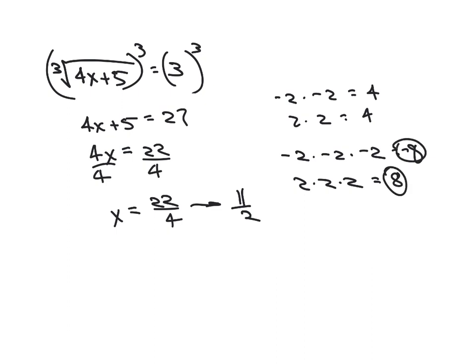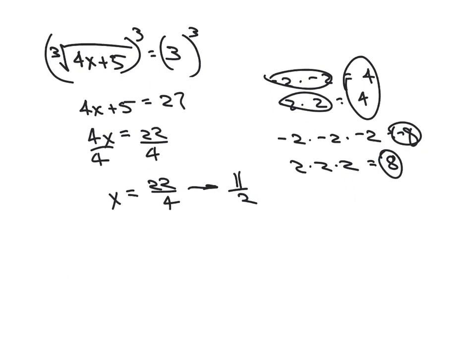So we get two different answers here, whereas over here, we get the same answer. So one of these may work and one of them may not work. But when we do odd powers, we end up with the correct answer, a negative 8 or a positive 8. So we don't have to test it because it always gives us that right answer. So anyway, just remember odd powers. When you raise something to an odd power, you know it's going to work. It's the even powers where you have to stick it back in and check.